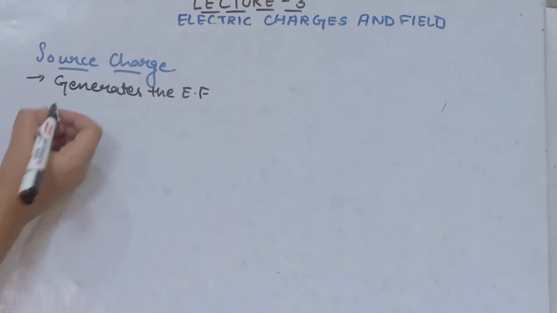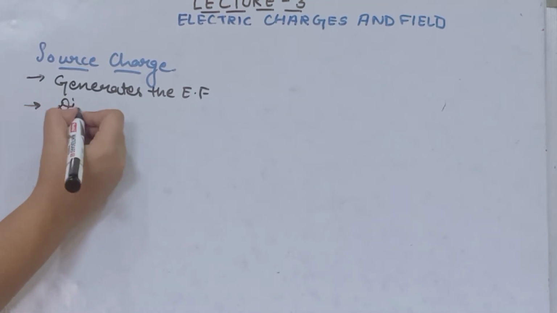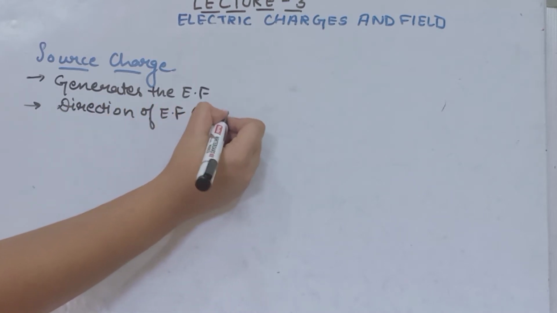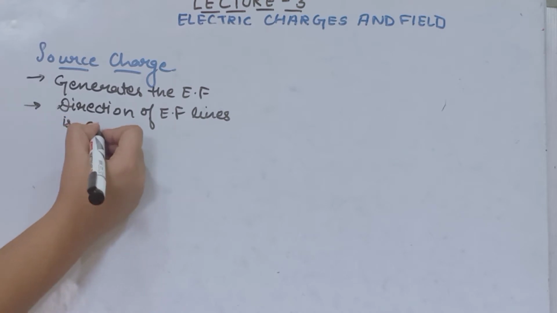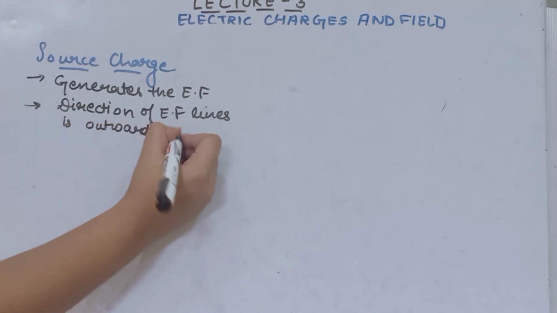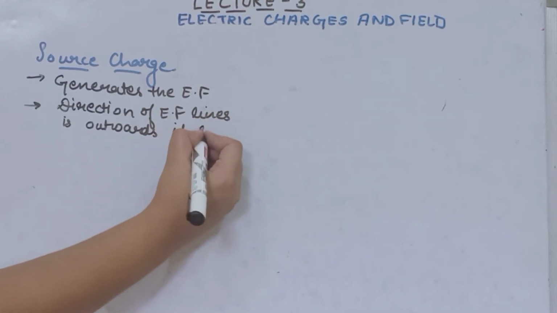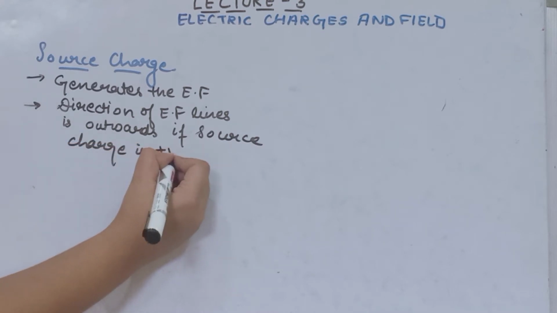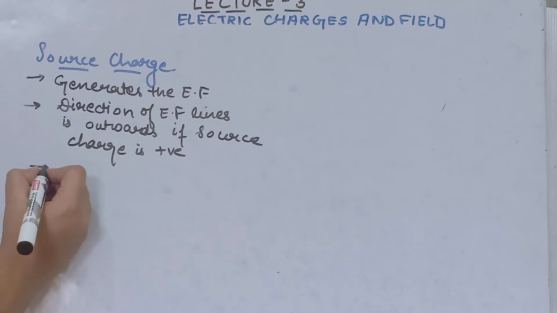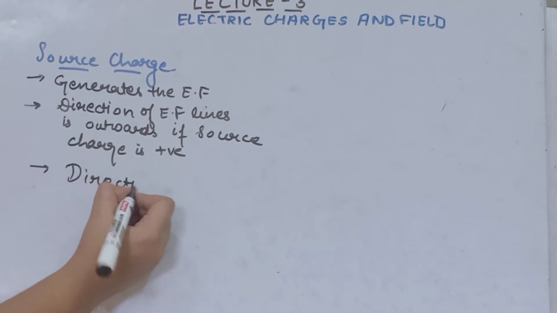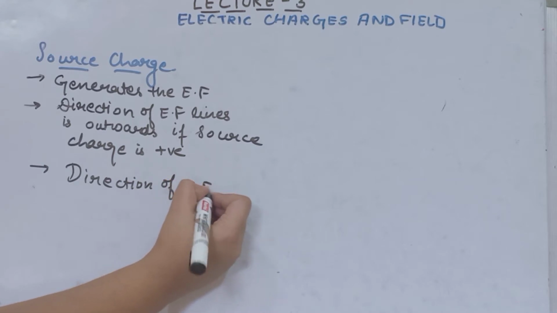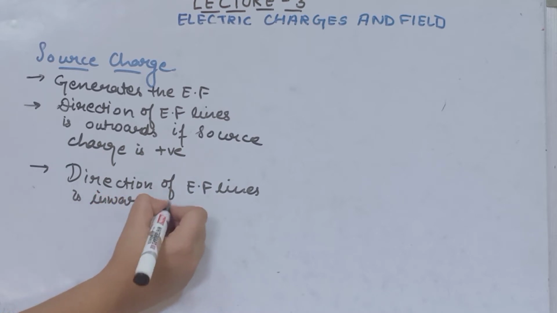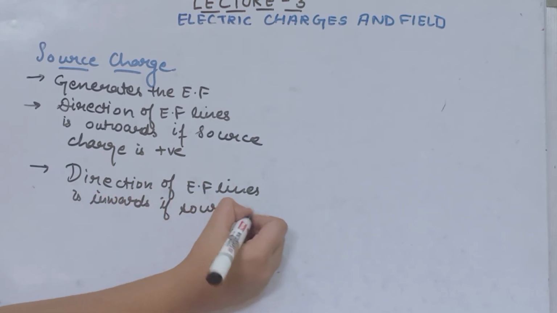Fine. Now, the direction of electric field lines is outwards if source charge is positive, and direction of electric field lines is inwards if source charge is negative.